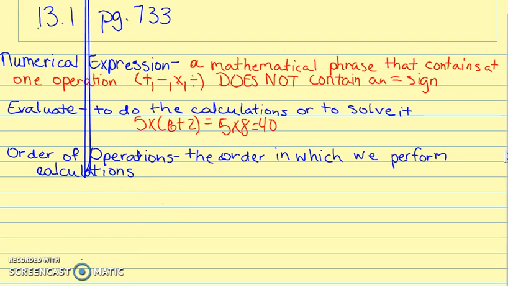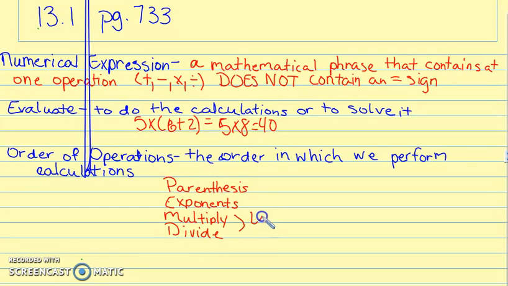All right, so order of operations, I like to think of Please Excuse My Dear Aunt Sally. The P stands for parentheses. The E stands for exponents. The M stands for multiply. The D stands for divide. And remember, multiply and divide, we go from left to right.